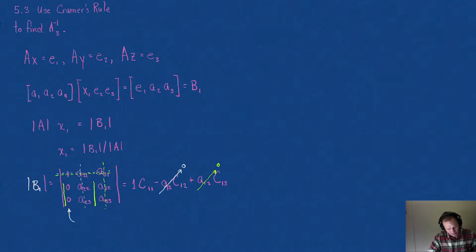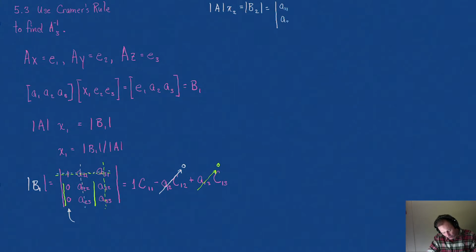That's kind of interesting. So then when we go to solve our next solution, we solve for x2, the determinant of A for x2. Well, then we're going to be solving B2. For the determinant of B2, I'm going to have a11, a21, a31 as the first column.